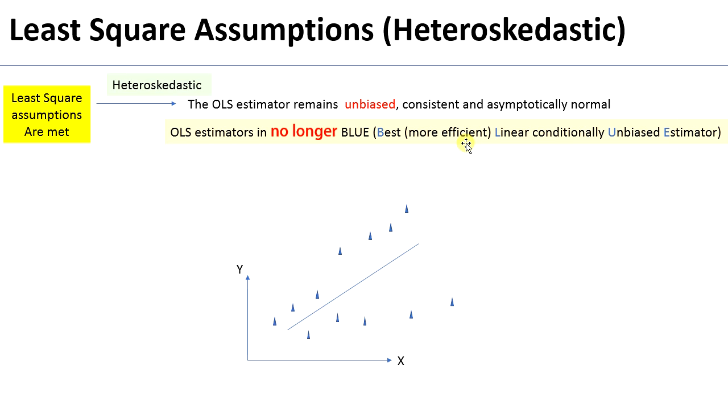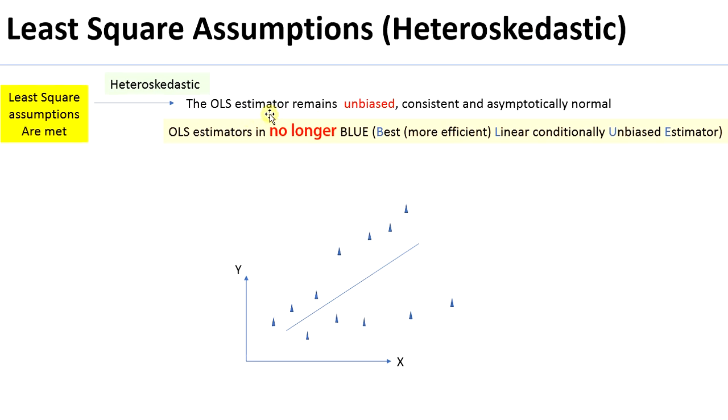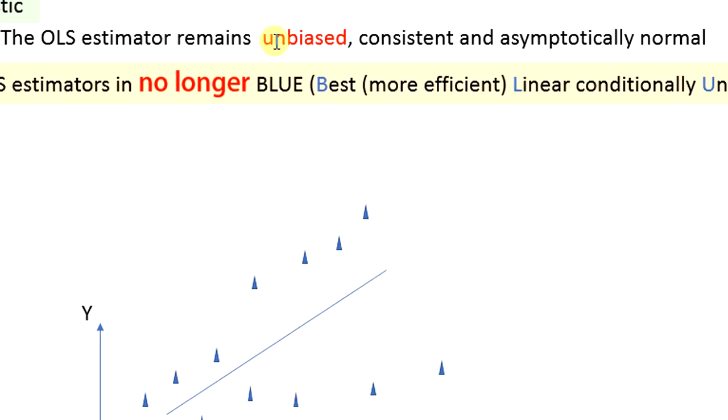Another important thing to remember is that even if the errors are heteroskedastic, like here where you can see the spread keeps changing as the value of x changes, the OLS estimator still remains unbiased. So that's something to remember.